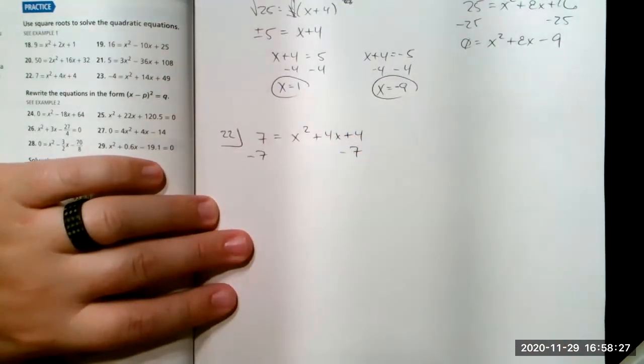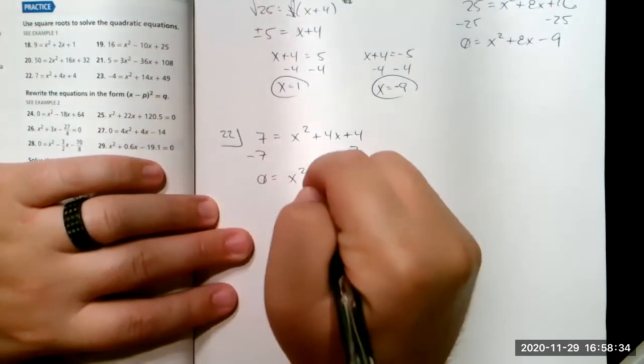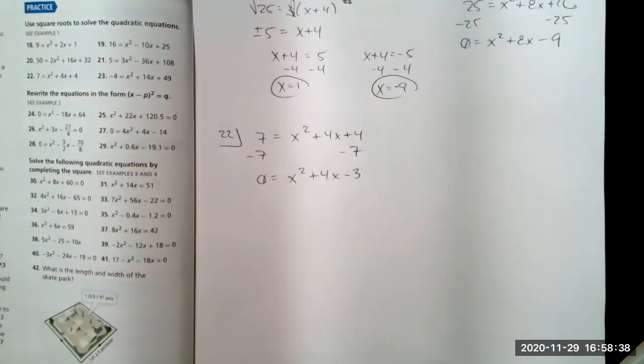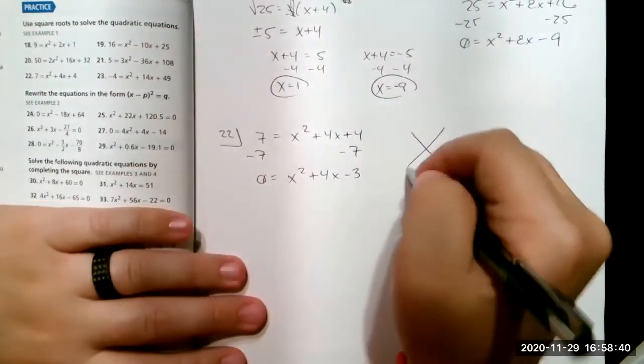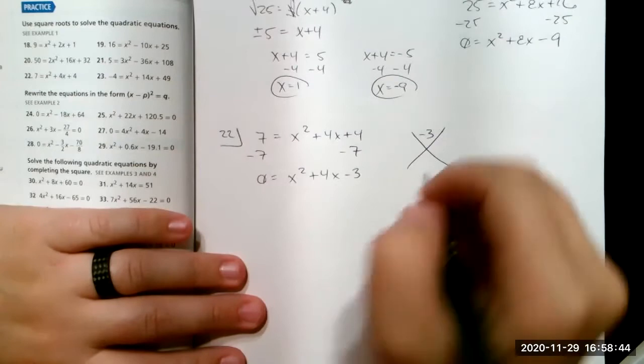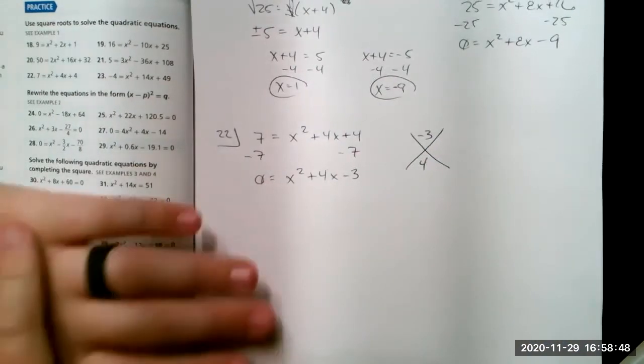Because again, the square root of 7 is a decimal. It's not a nice number. 7 is not a perfect square. So we'll have 0 equals x squared plus 4x, what is that, minus 3. Let's see if we can factor this. A times c, and b goes at the bottom. Two numbers that multiply to -3 but add to 4.